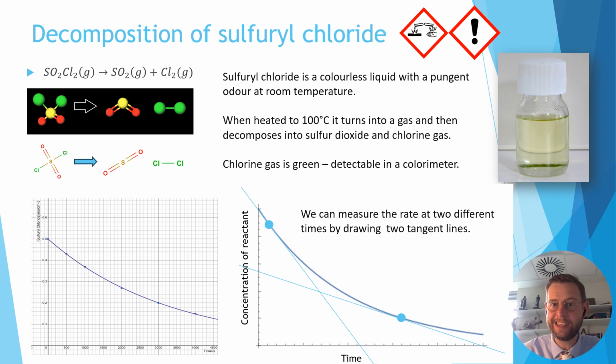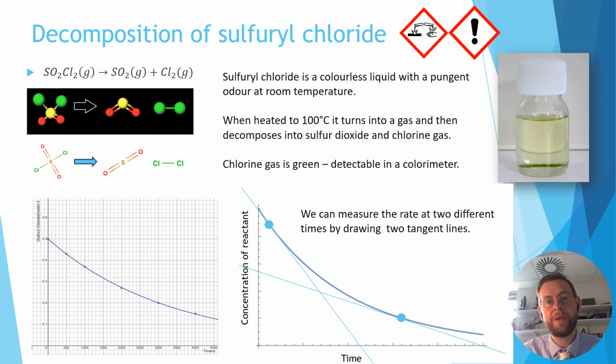Another good reaction that you could put in a colorimeter is the decomposition of sulfuryl chloride. This is not one you would actually want to do because sulfuryl chloride is not a very nice chemical. Sulfuryl chloride is sulfur dichloride dioxide, so one sulfur, two oxygens and two chlorine atoms. At room temperature it is a clear liquid with a boiling point of about 69 degrees.